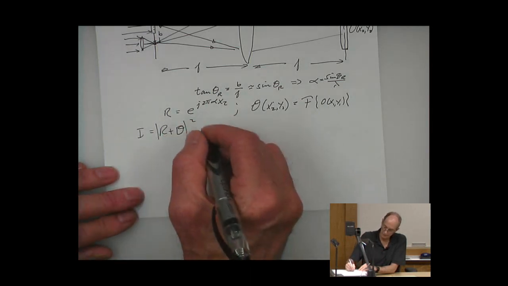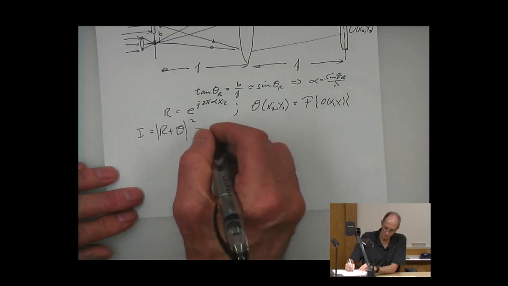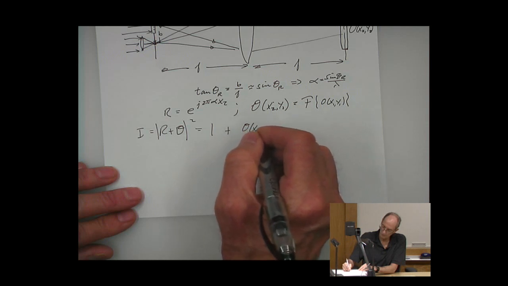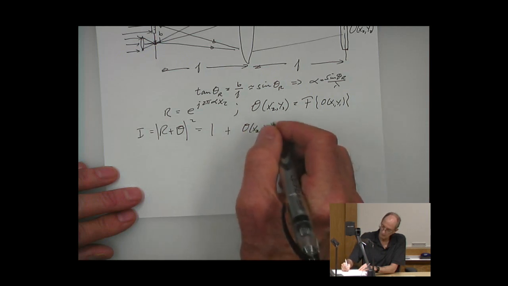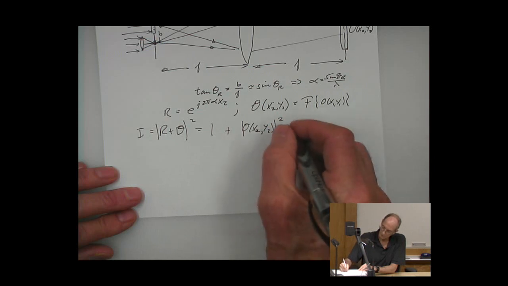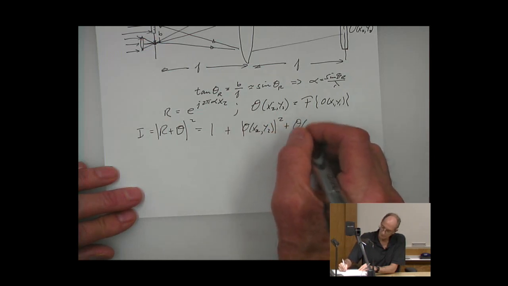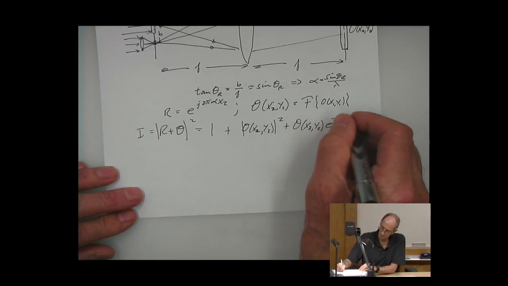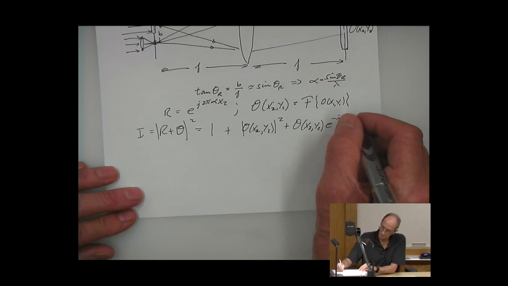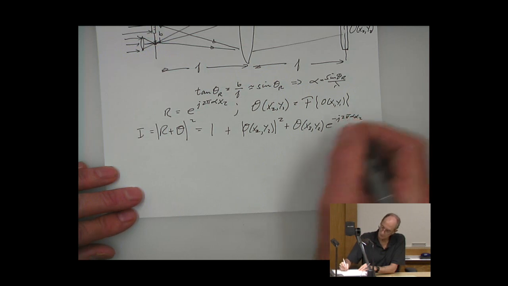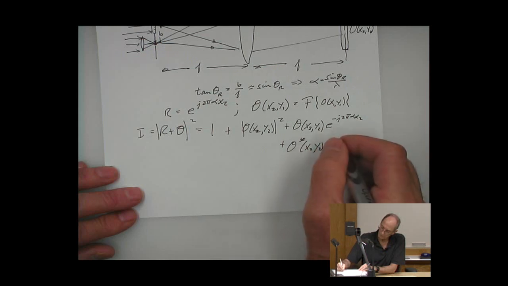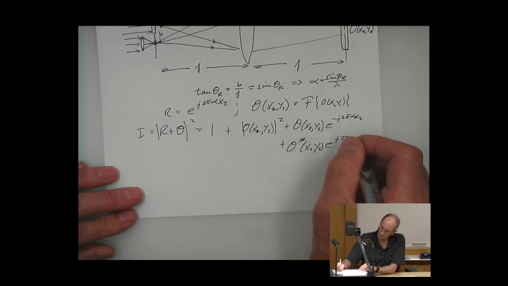And if the reference has an amplitude of 1, we have 1 plus the magnitude of O of x2, y2 squared, plus O of x2 y2 times e to the minus j 2 pi alpha x2, the conjugate, and then plus O star of x2 y2 times e to the plus j 2 pi alpha x2.